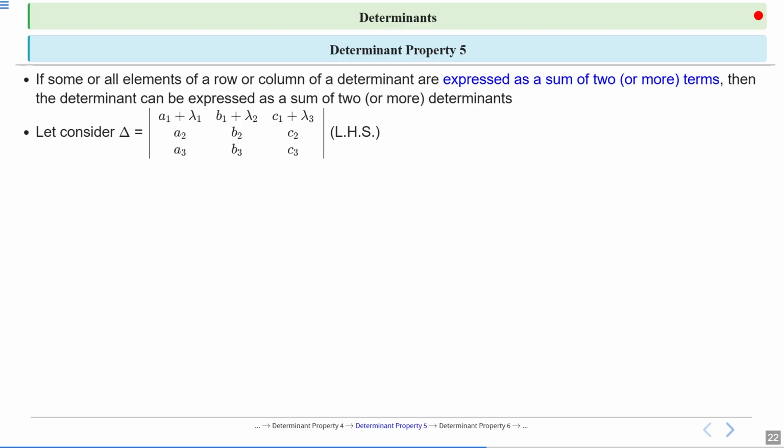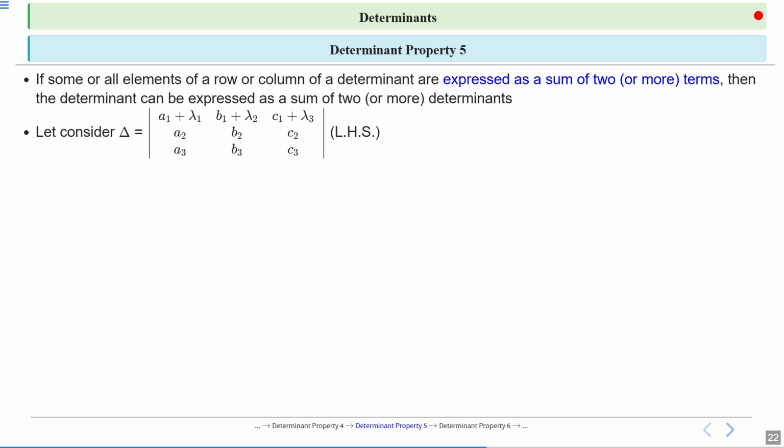Property 5 says that if some elements of a row or column of a determinant are expressed as a sum of 2 or more terms, then the determinant can be expressed as a sum of 2 or more determinants.